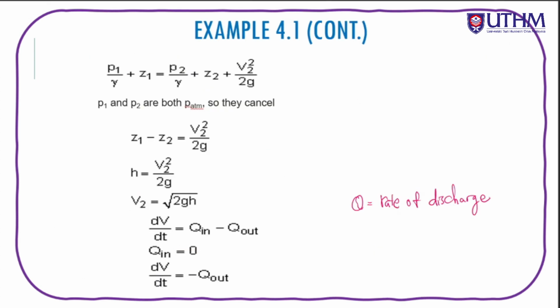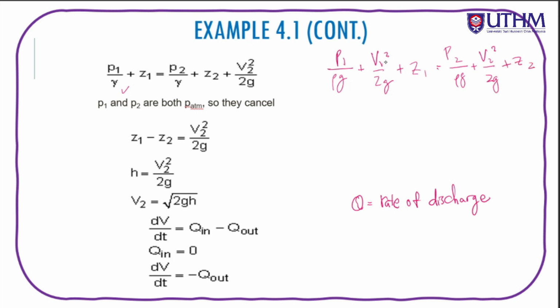So apa kita boleh buat? Kita apply the concept of Bernoulli. Okay, Bernoulli, saya tulis balik lah. P1 over rho G, rho G is this specific gravity lah, plus V1 squared over 2G plus Z1 equal to P2 over rho G plus V2 squared over 2G plus Z2.